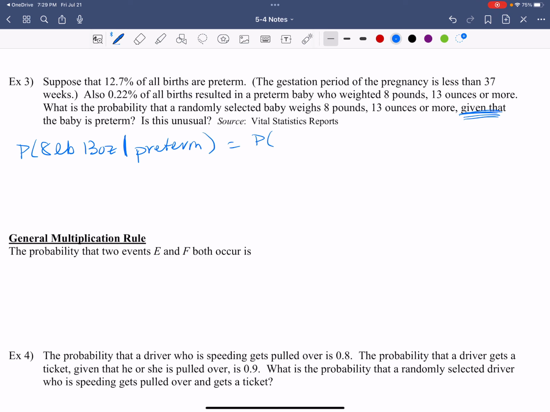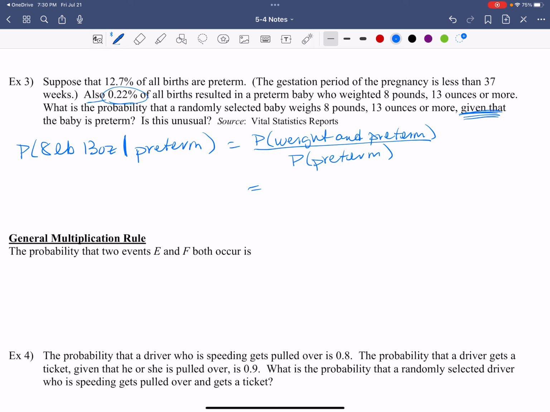So what is it? It's a probability of, and I'm just going to write the weight because that's what we're talking about, the weight and preterm over which one? Preterm. See where this is coming from? The order matters. That's the key to this. So what's the probability that it is the weight and the preterm? Because it says also this is happening.